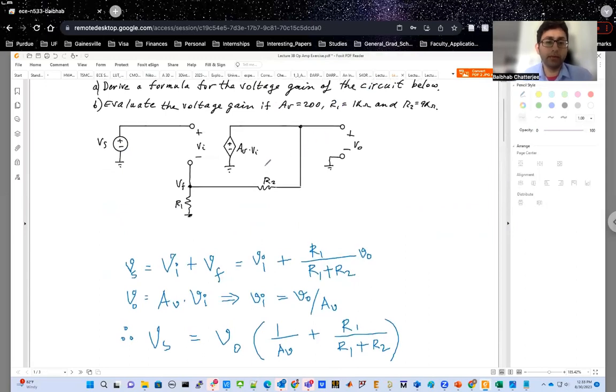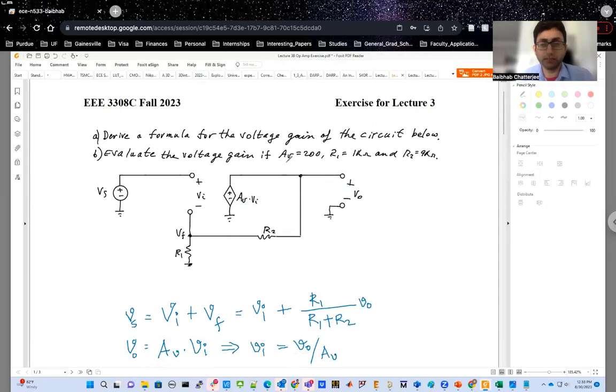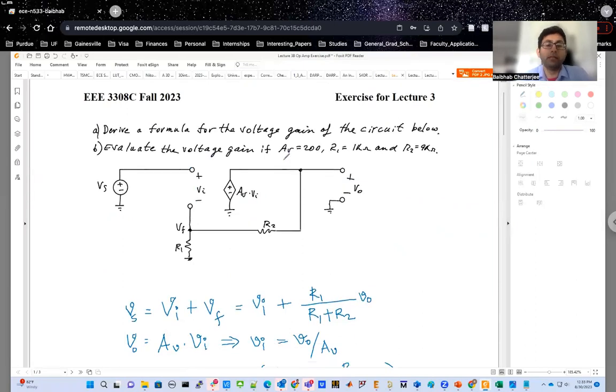As we go there, you already have this exercise for lecture 3, which was posted. What it says is basically, you have this amplifier model with your VS input connected here.